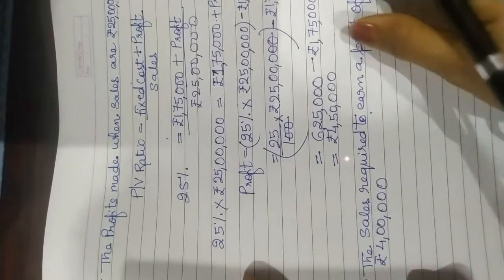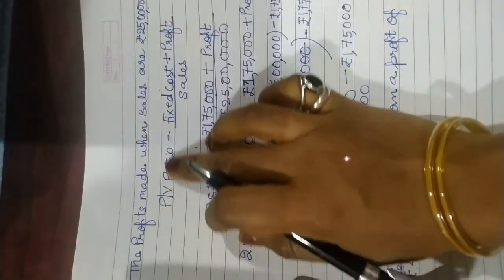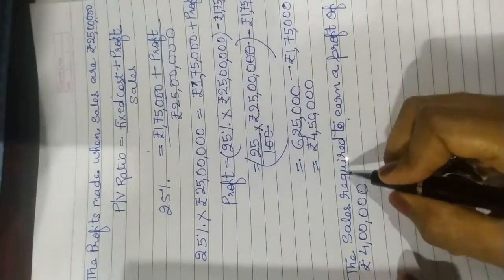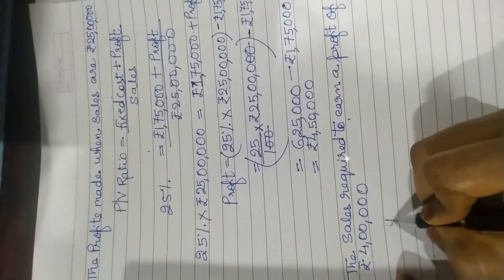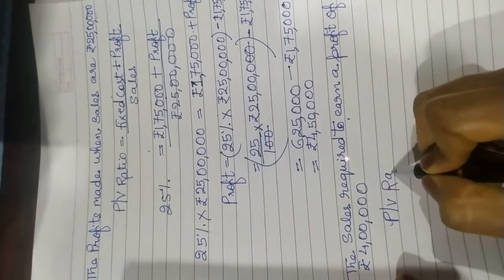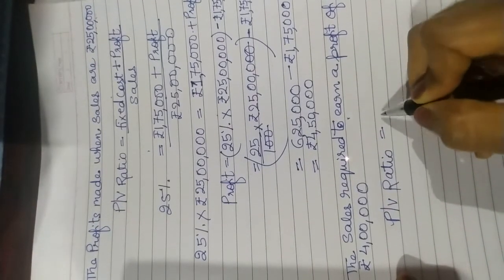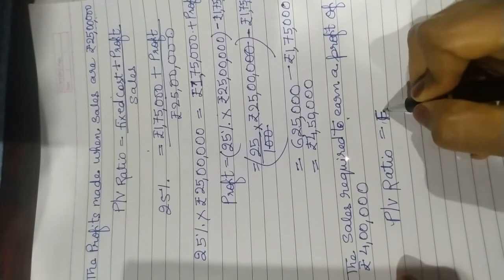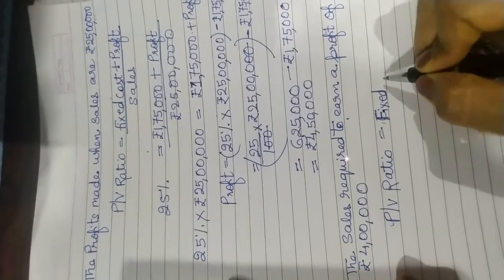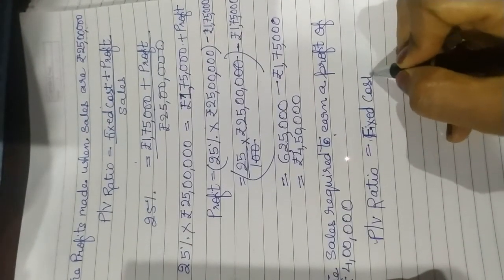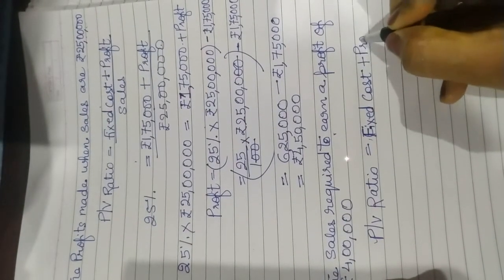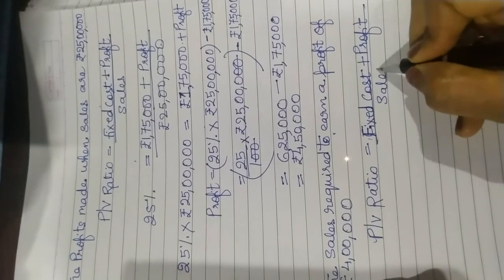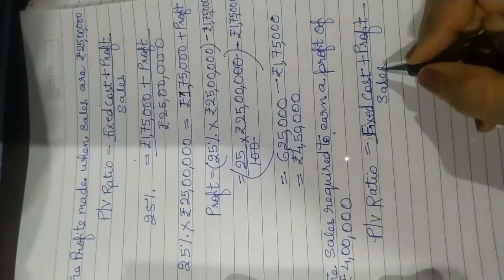Again, the formula is the same. You have to apply this formula to calculate the desired sale also. PV ratio is equal to fixed cost plus profit divided by sales.